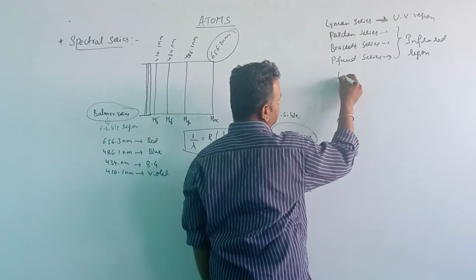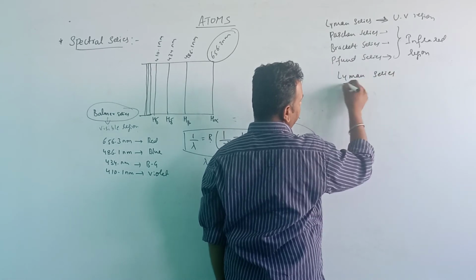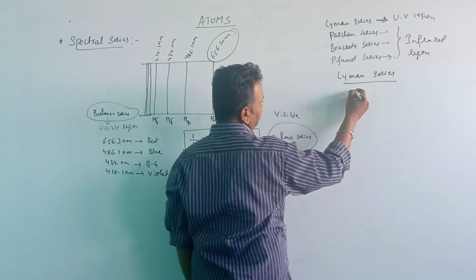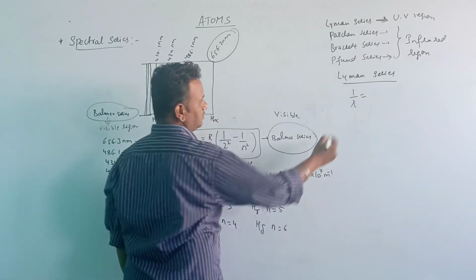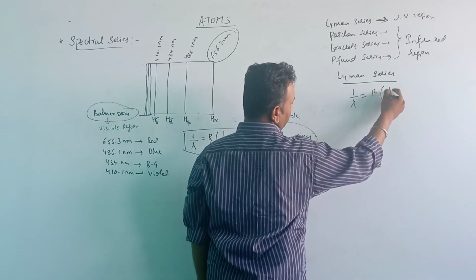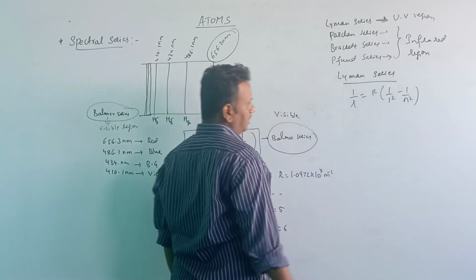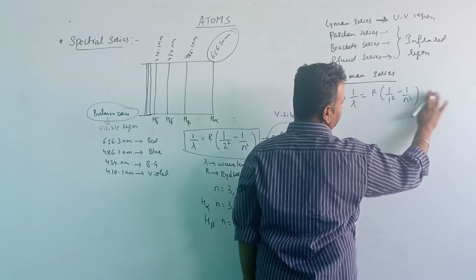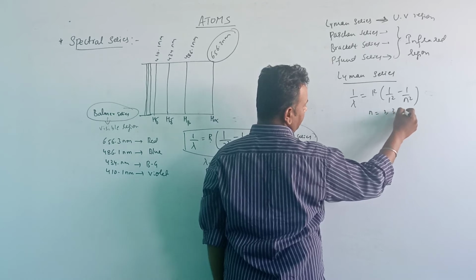First, for the Lyman series, the empirical formula is 1 by lambda equal to R into 1 by 1 square minus 1 by n square, where n equals 2, 3, 4, 5.